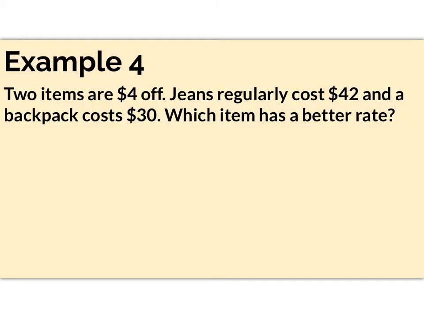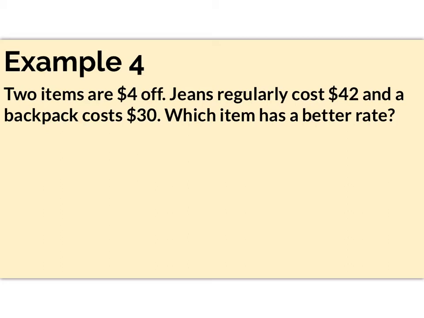Example 4. 2 items of $4 off. If jeans regularly cost $42 and a backpack costs $30, which item has a better rate or a better percentage off? So we have to do some things here. We're actually asked to compare.